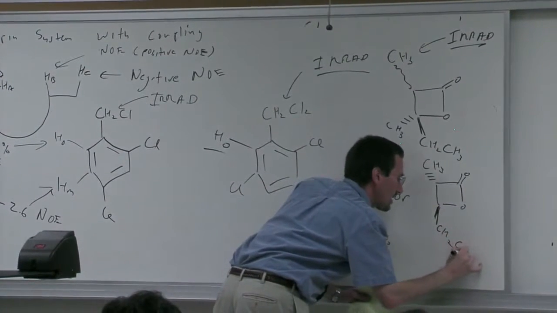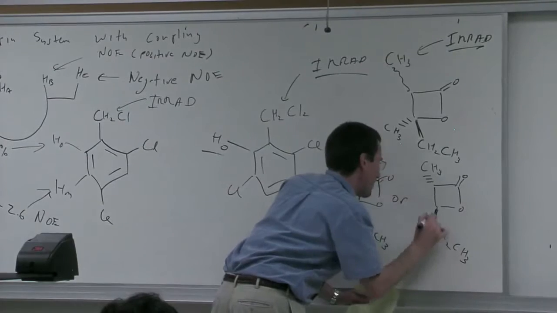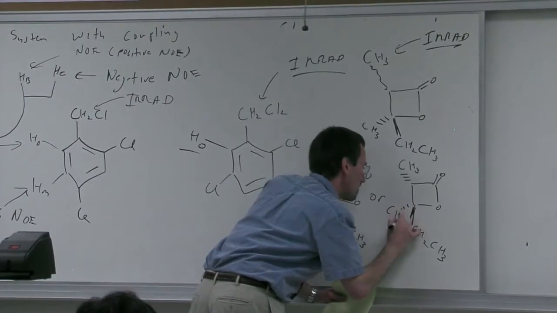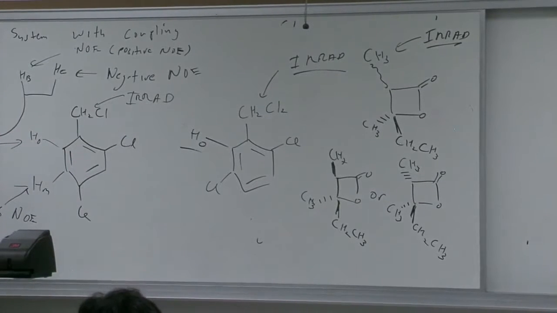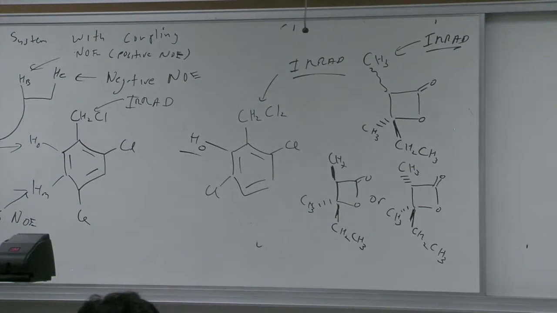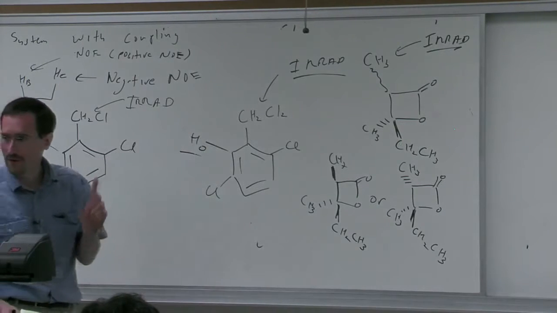And you're asking a very, very good question. So the question that you're asking is basically, is the NOE a litmus test? And the answer is no, and this is why comparison is so important.